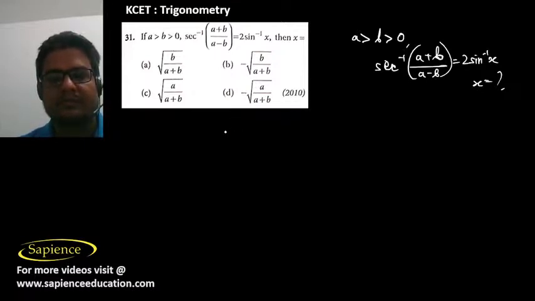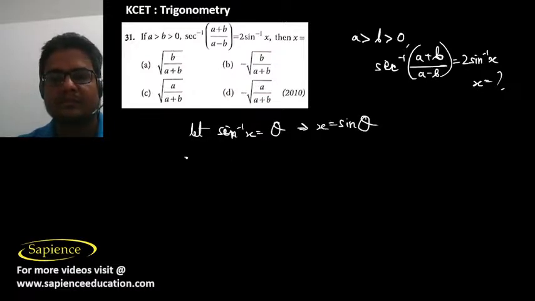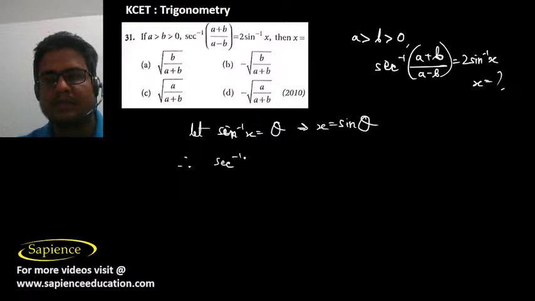Now let sine inverse X be equal to theta. So X is equal to sine theta. So now therefore this is 2 theta. Therefore sec inverse of (A plus B) by (A minus B) is equal to 2 theta.